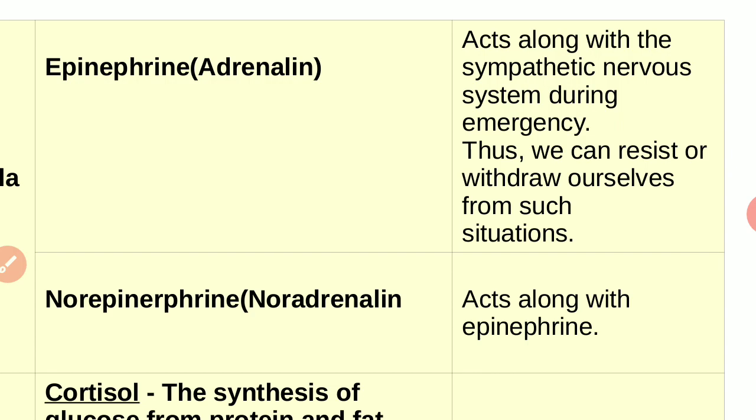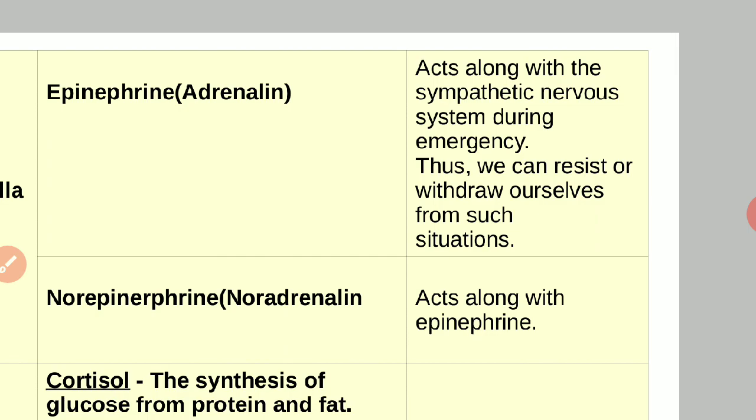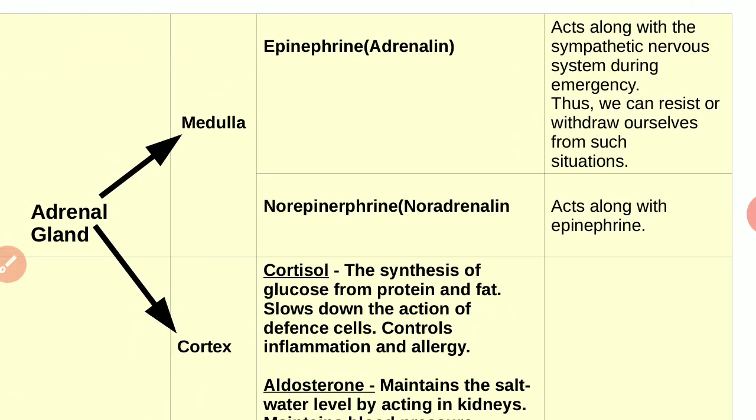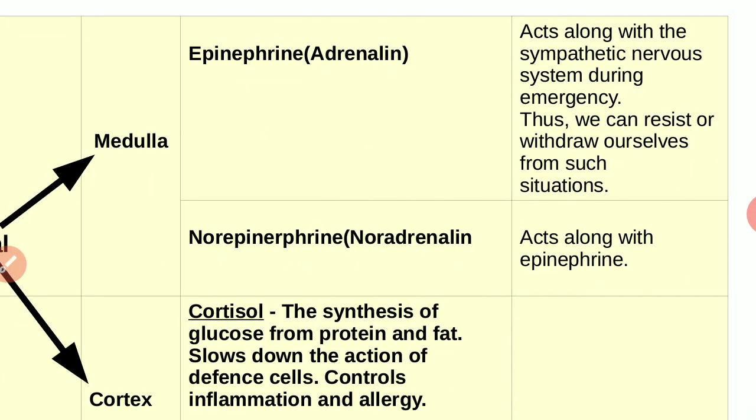How is this helping? This is to resist or withdraw ourselves from such situations. Suppose the heartbeat has to be increased during an emergency. To increase the heartbeat and to bring the heartbeat back to normal, these are the two. Resist or withdraw means, for example, the heartbeat increases during an emergency.